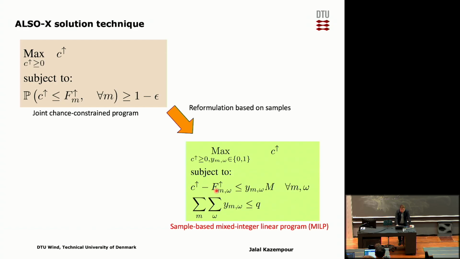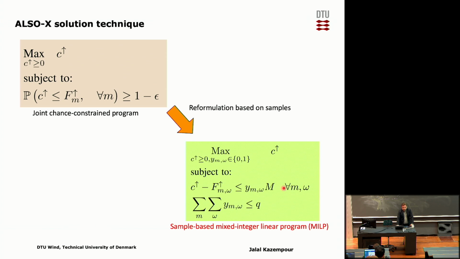For example, think that F is 5 while C is 6. So 6 minus 5 is 1. 1 is not less than 0. To avoid that, we put a big value of M, to make sure that this constraint is always feasible.